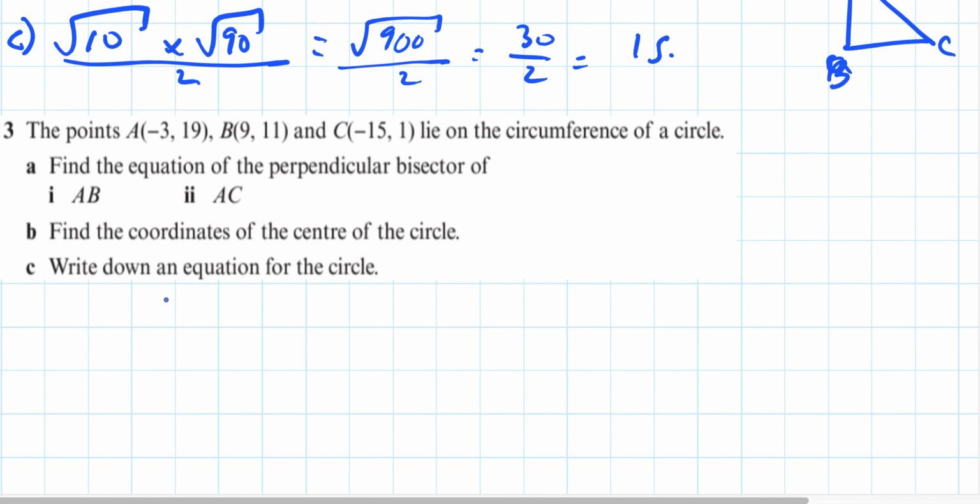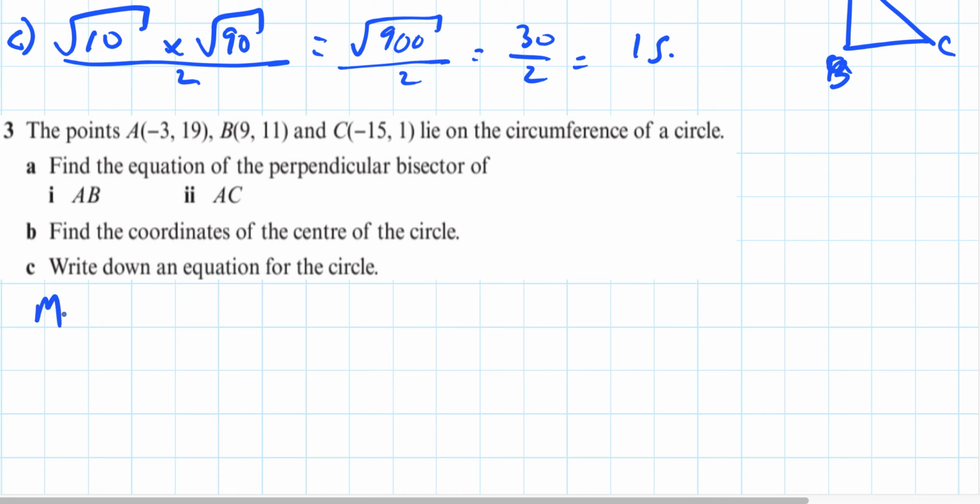Okay, next part we have the points A, B, C lie on the circumference of a circle. Find the equation of the perpendicular bisector of AB and AC. So I'll do them first. The point that is the perpendicular bisector, again, is the middle of AB.